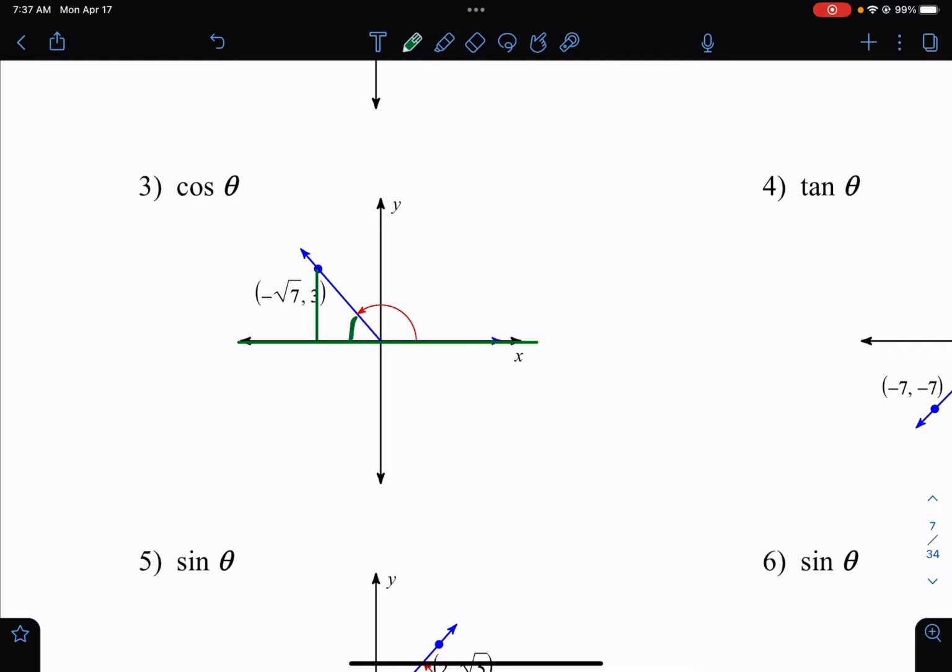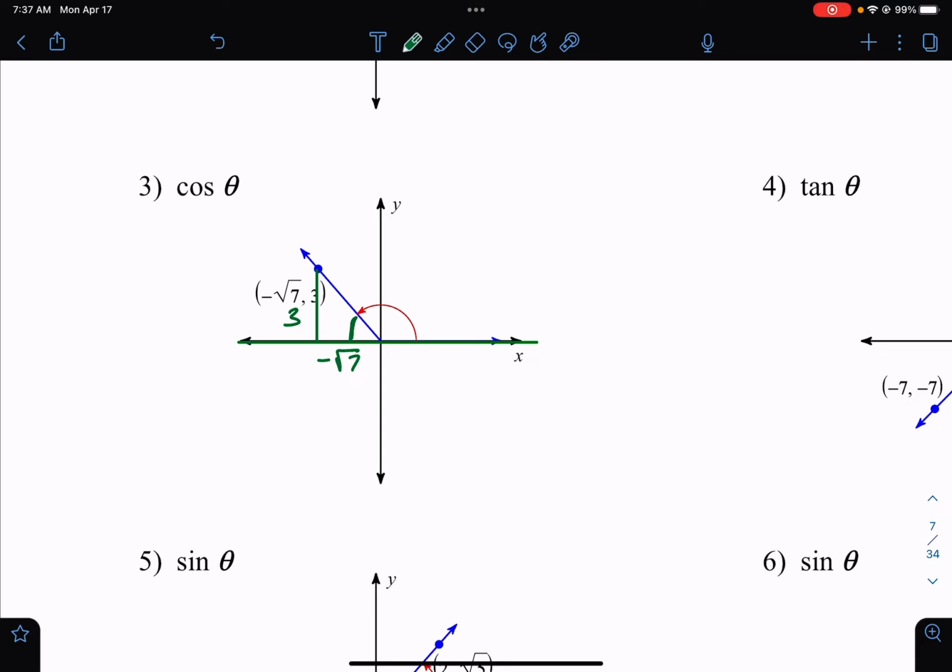We can create a triangle just like this. And think about these coordinates: we went -√7 this way, and then we went 3 up. You want to make sure that you keep these signs. If your x value is negative or your y value is negative, you want to keep that in mind.